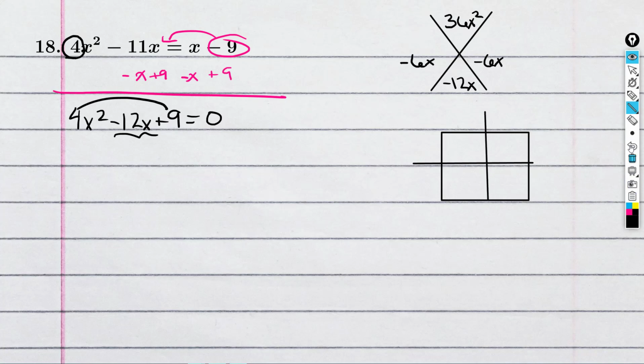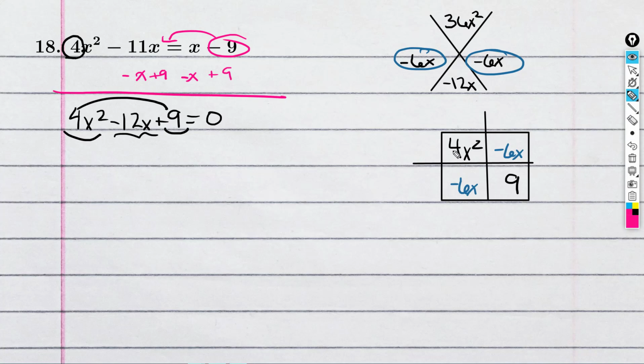The 4x squared from the beginning and the 9 from the end, the last term, are the two things that go in from here. Now, if I look up at the beginning, at my x, I have a negative 6 and a negative 6. So those go into the other two spots, negative 6x and negative 6x.